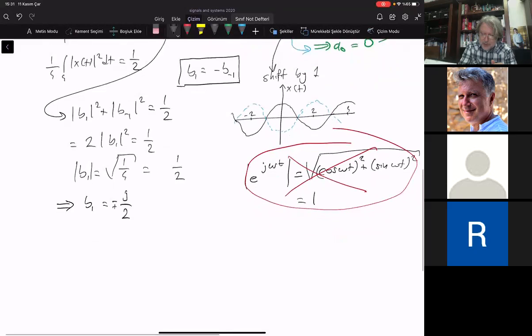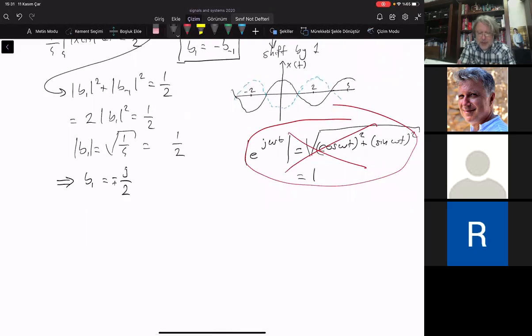But coming back to this one, B1 is plus or minus J over 2, or plus and minus 1 over 2J similarly. It's just the same. That's a pure sinusoid, by the way, sine wave. But is it a minus sign something or a plus sign something?